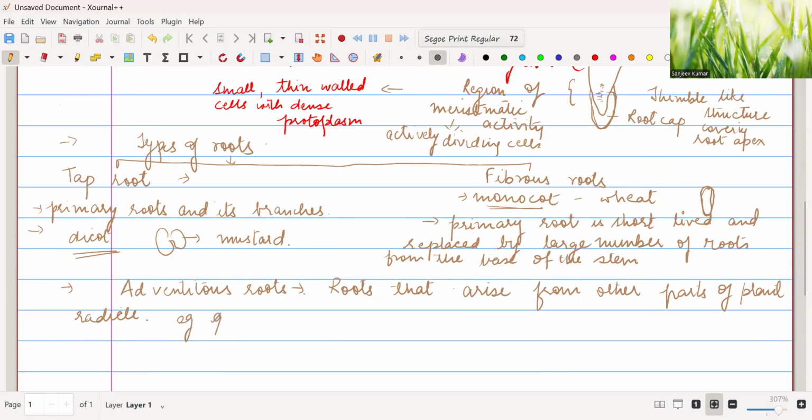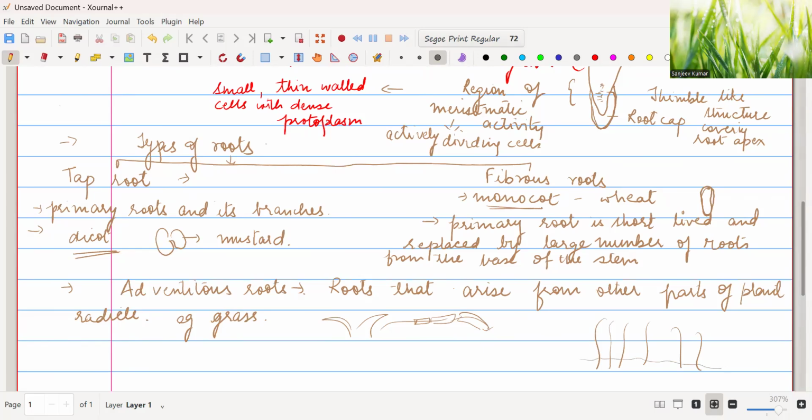An example is the grass. If you see the grass, you see long branches where we can find more of the roots. Same as the banyan tree, where a lot more roots arise from the branches itself and get submerged into the ground.